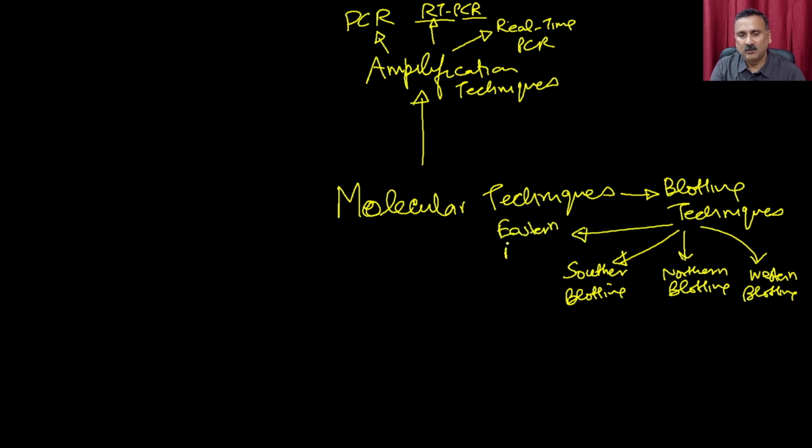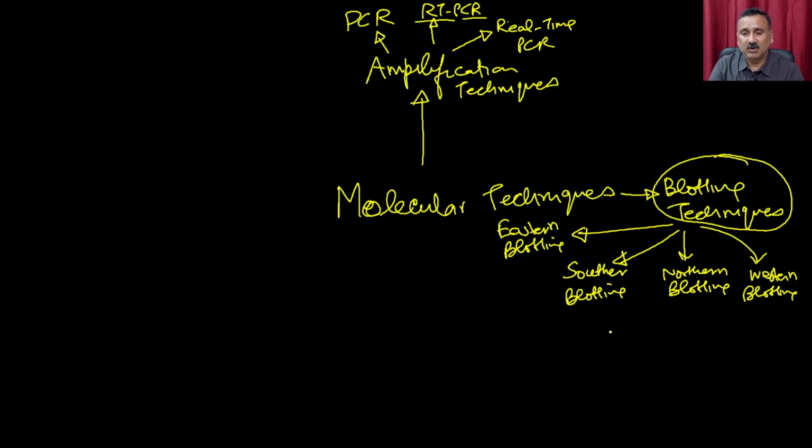Okay. So, most of these blotting techniques use hybridization, where you blot the molecule of your interest onto a support system, and then you detect that with the help of different types of analytical reagents. For example, in southern blotting, you use DNA as a probe, and in northern blotting also you use DNA as a probe, and in western blotting you use different types of antibodies and so on.